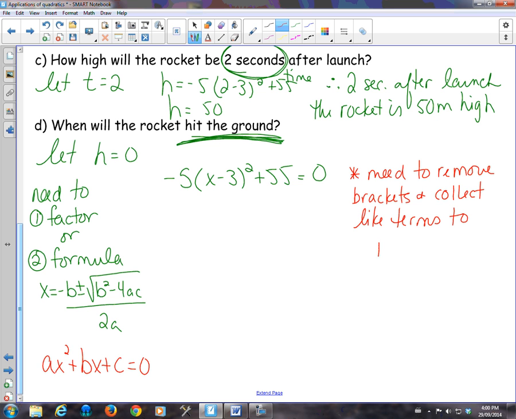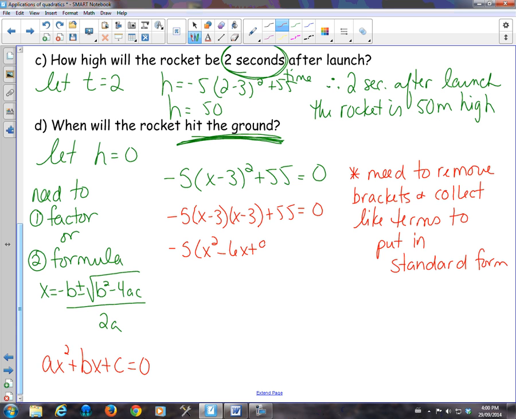If I'm going to remove my brackets, I'm going to have x minus 3 times x minus 3, and I'm going to have to do FOIL. x squared minus 6x plus 9.